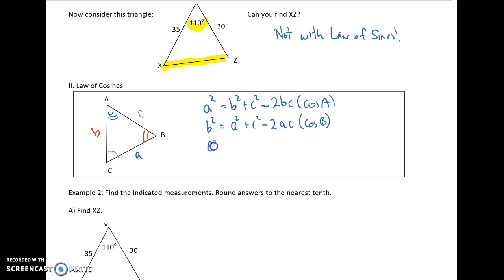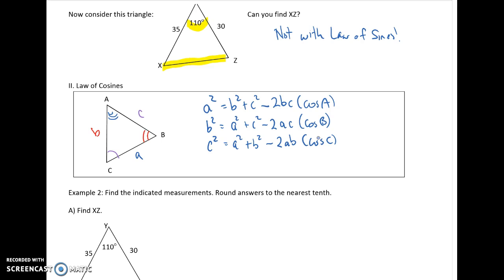So finally, this one's going to be c squared equals a squared plus b squared minus 2ab times cosine C. All right. So again, just a format you're going to want to remember, and we'll just see how to work with it.